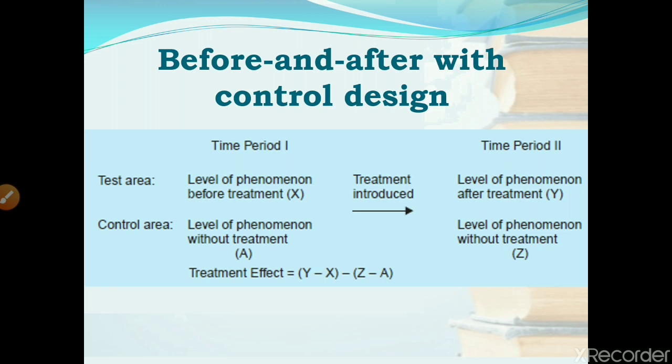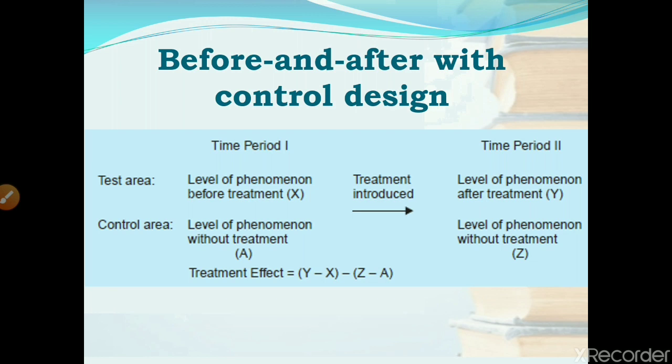And then the third one is the before and after with control design. In this design, two areas are selected and the dependent variable is measured in both the areas for an identical time period before the treatment. The treatment is then introduced into the test area only, and the dependent variable is measured in both for an identical time period after the introduction of the treatment.